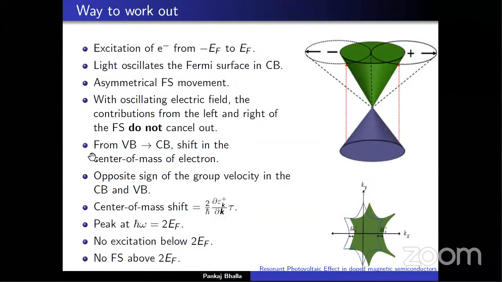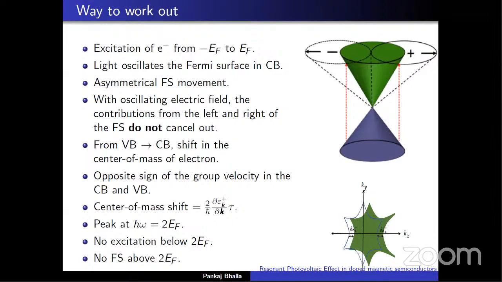So now how can it work out? If the carriers are excited from minus EF to plus EF, because we are shining light on the Fermi surface, it excites electron carriers from the valence band to the conduction band. With the oscillating field, the contributions from the left and right hand sides of the Fermi surface cannot cancel each other out, which I have shown with the minus and plus arrow signs in the upper part of the diagram.